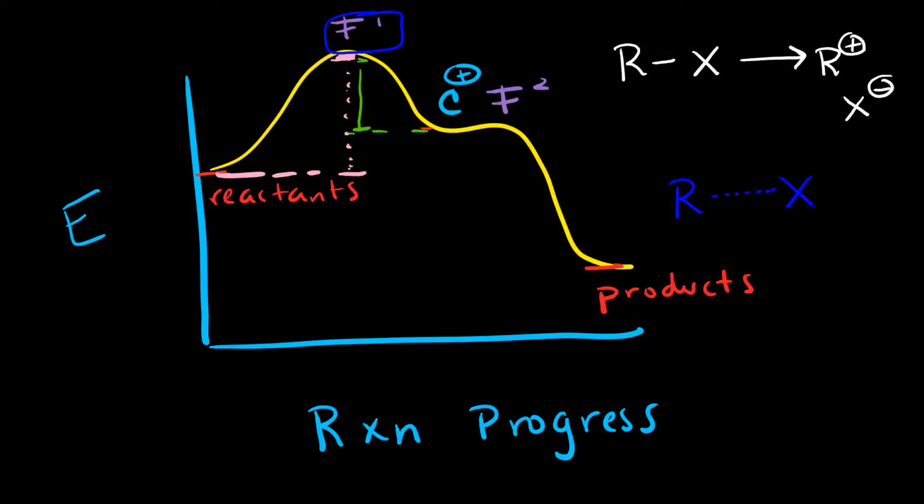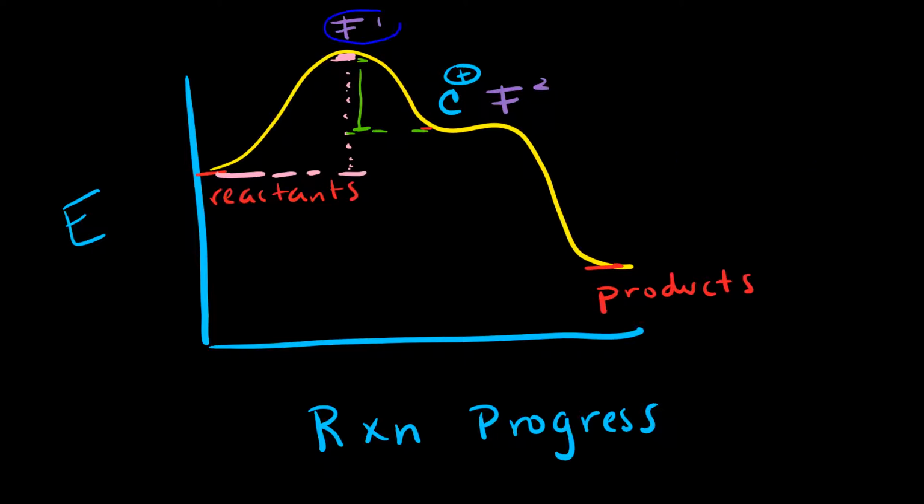So something like this, where the sigma bond is coming apart, and the X is starting to become negatively charged, and the R group, or the carbon, is starting to become positively charged. So the question now becomes, does that transition state more closely look like the starting material or the product? In other words, is the carbon atom closer to a neutral charge or closer to this +1 charge of the carbocation?